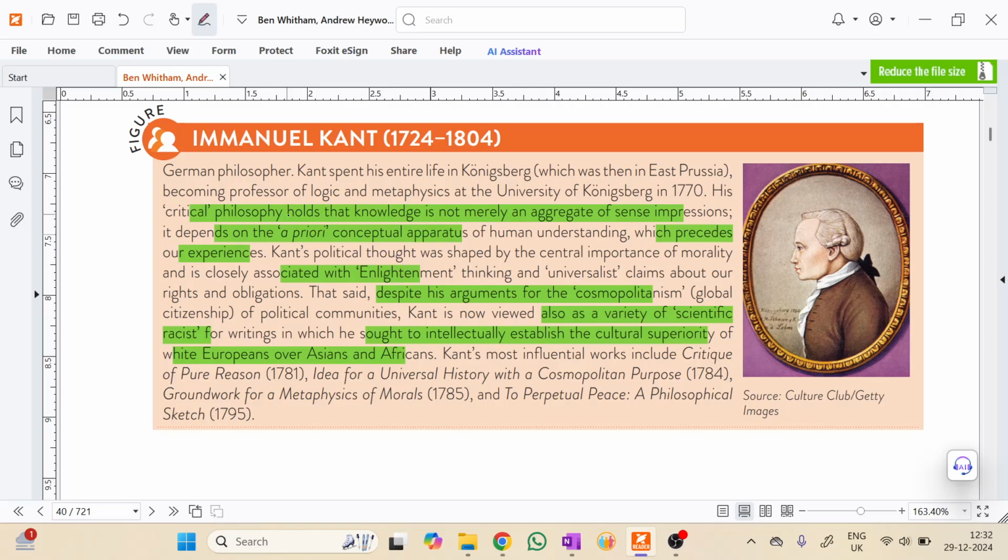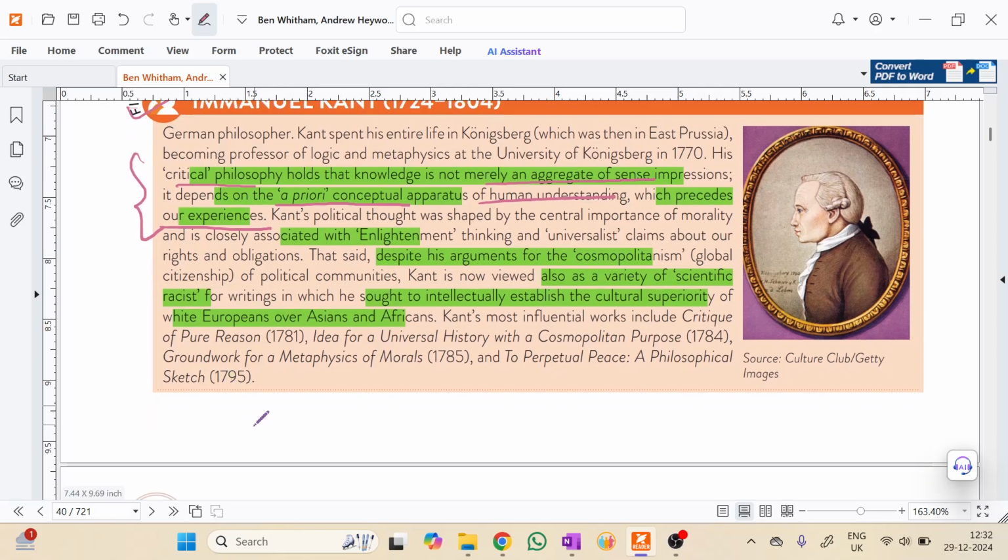Then let's have a look at the life of Immanuel Kant. His critical philosophy holds that knowledge is not merely an aggregate of sense impressions. It depends on an a priori conceptual apparatus of human understanding, which precedes our experience. This may seem to be a complex sentence, but it means that any knowledge will be preceded by an event.